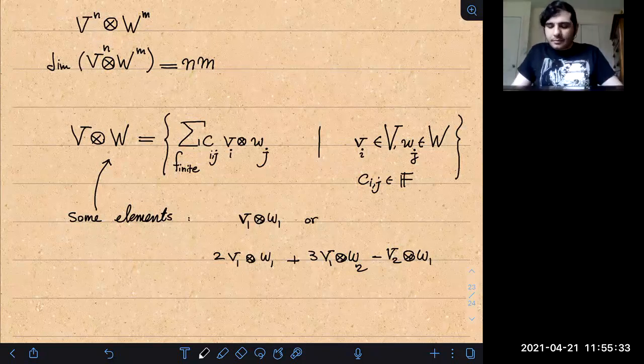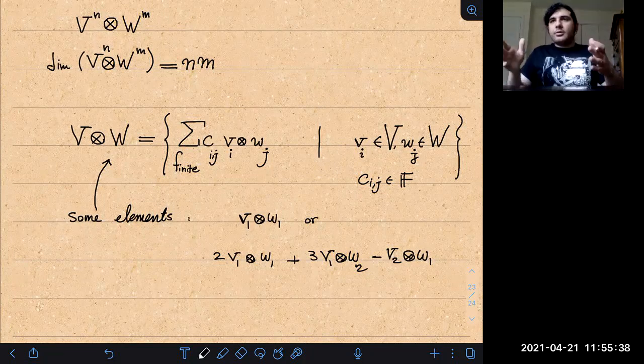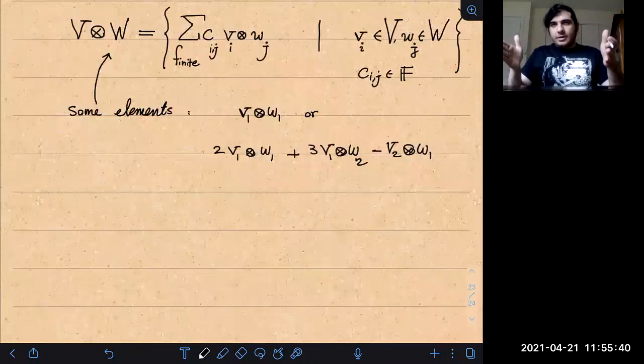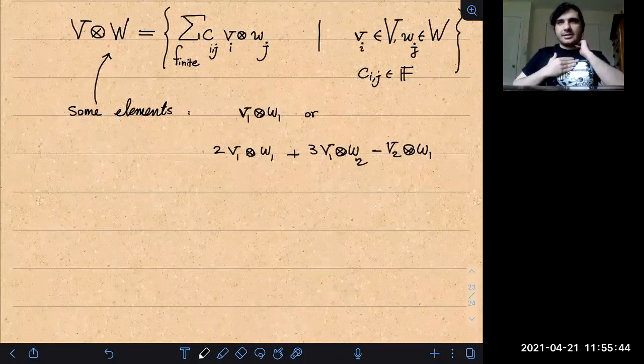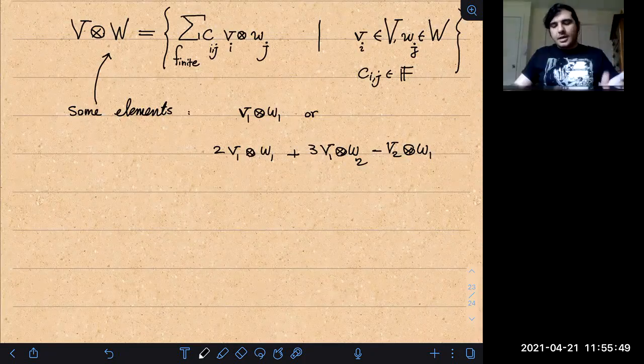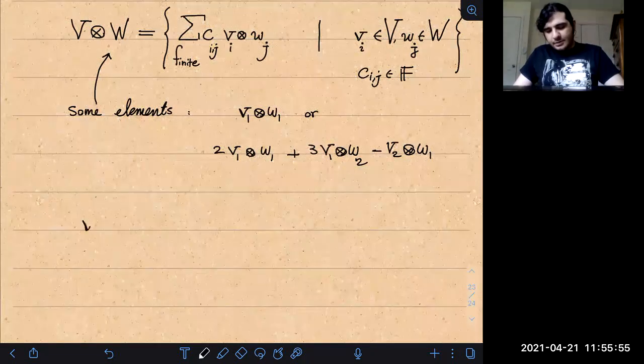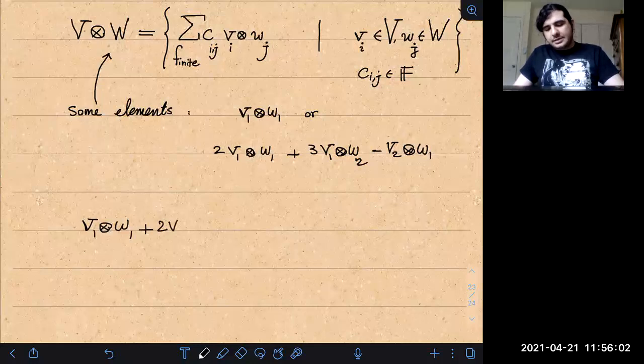Okay, great. So we should define what is the addition, what are the vector space structures on this space to make this tensor product into a vector space. So if I take two of these things, for example, I have V1 tensor W1 plus 2V1 tensor W2 as an element inside this tensor product.